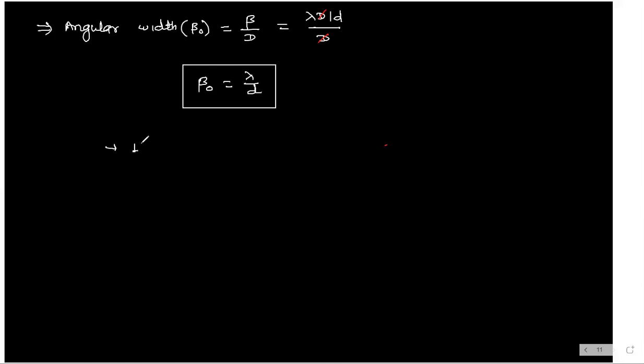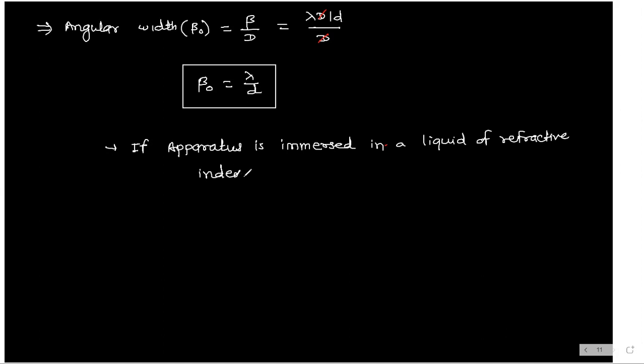And one more, if the apparatus is immersed in a liquid of refractive index mu, then you know lambda dash will become lambda by mu, and you just replace it in this formula.